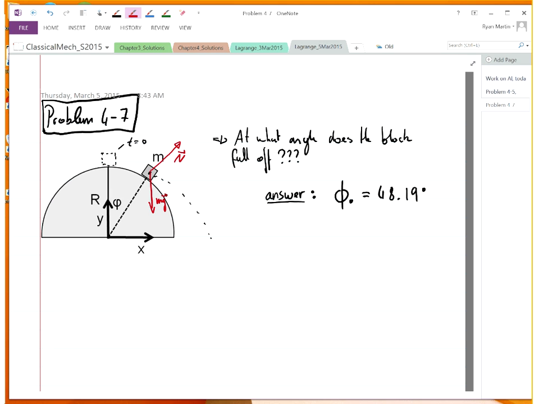So what's the condition for the block to fall off from the hemisphere? Well, as soon as the normal force is 0, that means the block is not really in contact with the hemisphere anymore, so it's going to fall off. So when the normal force vanishes, the block falls off.